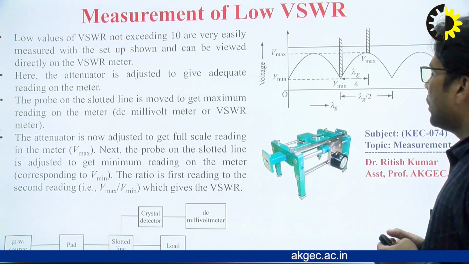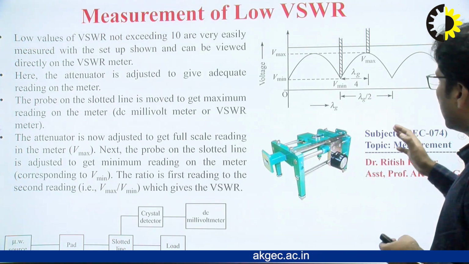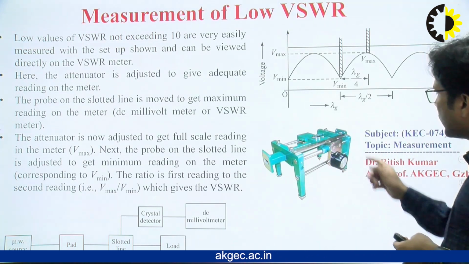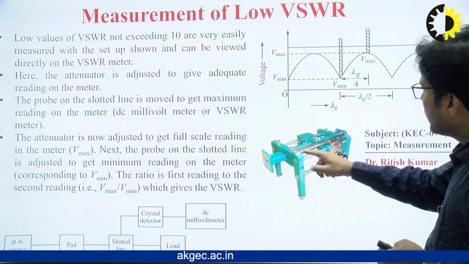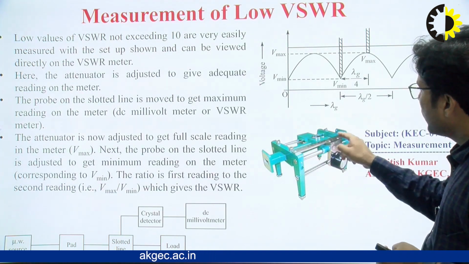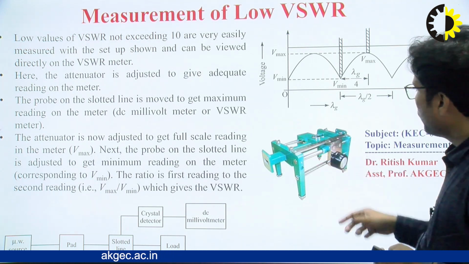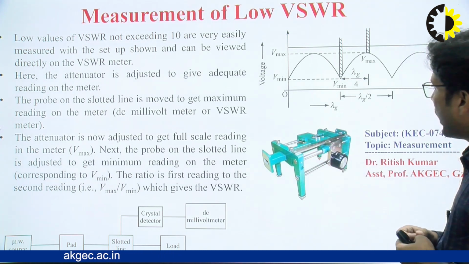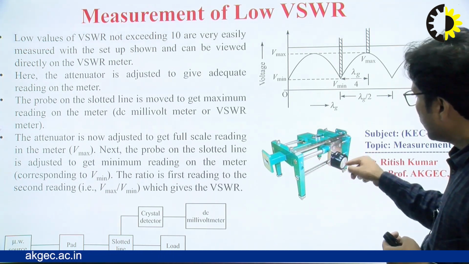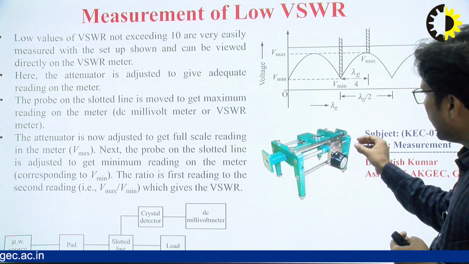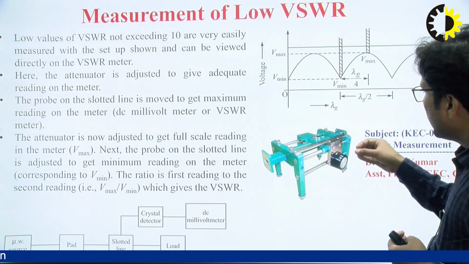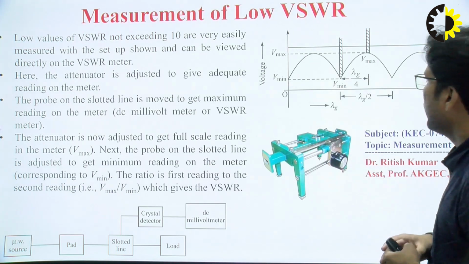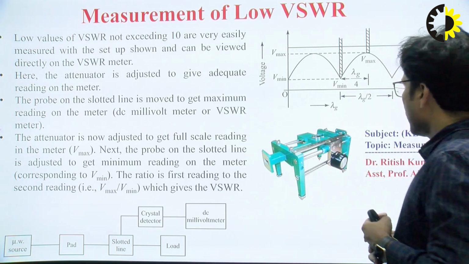This is a slotted waveguide section. You can see here a scale made over this waveguide, and this is a knob, which you can move in the forward direction and backward direction as well.